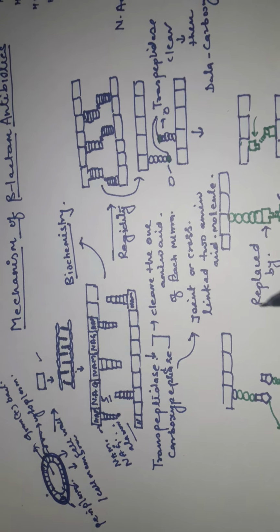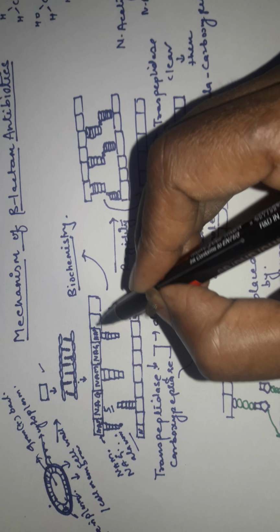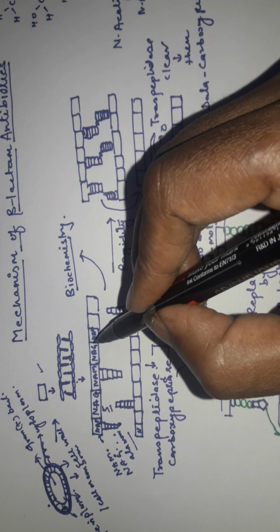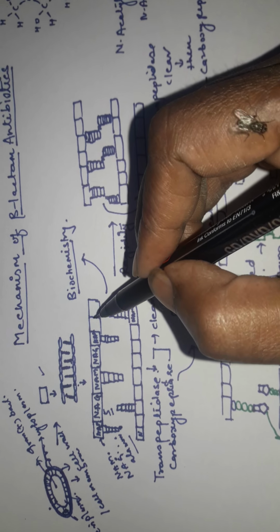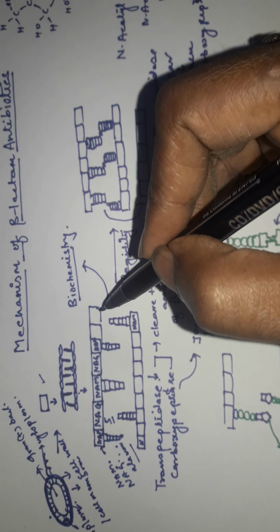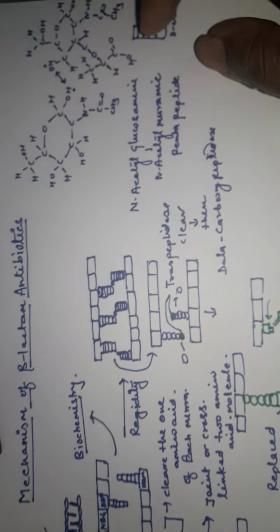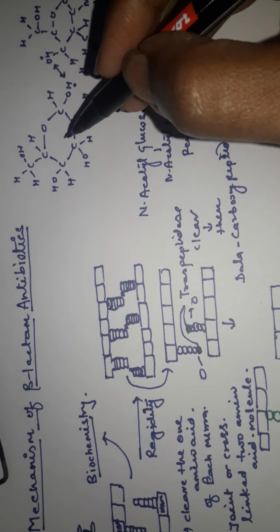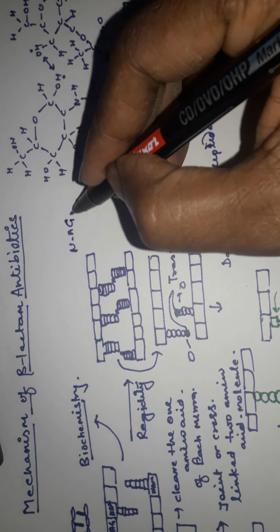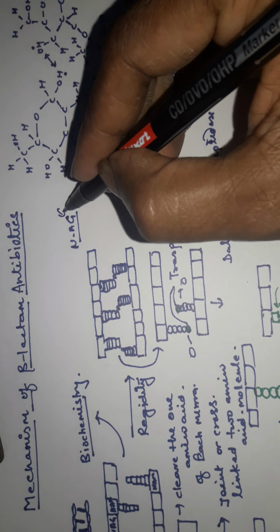To see how this layer is formed, you should consider the chemical nature of N-acetyl glucosamine and N-acetyl muramic acid. This is N-acetyl glucosamine, and glucosamine is the sugar.